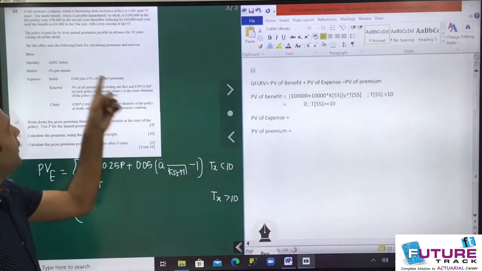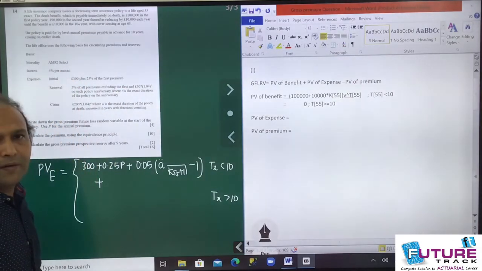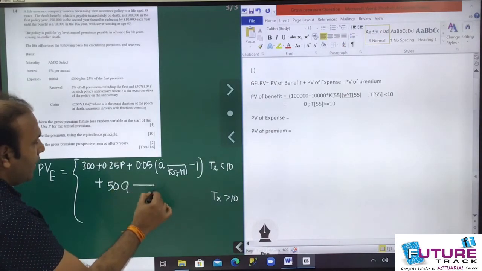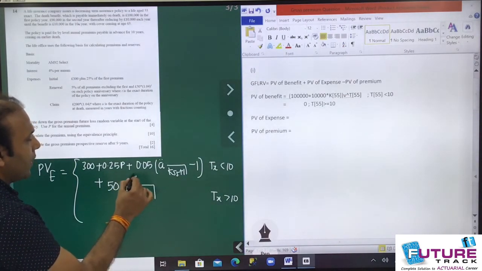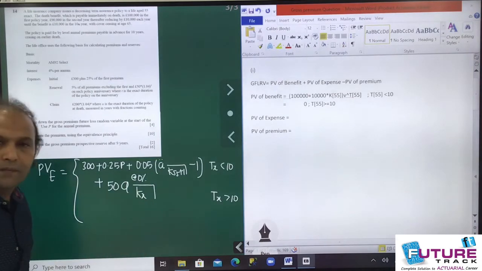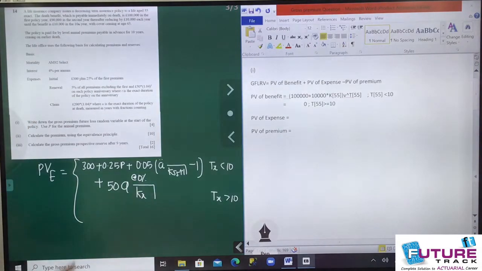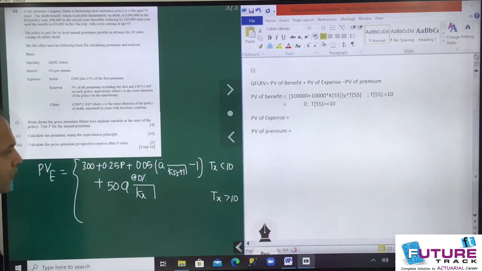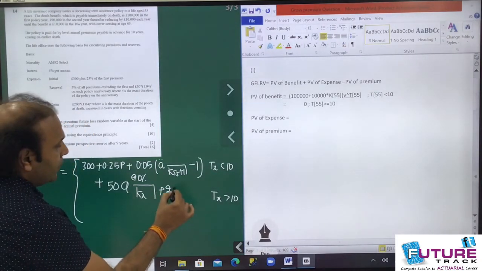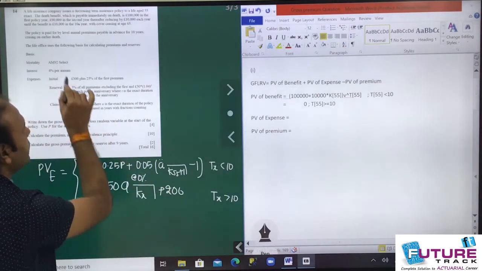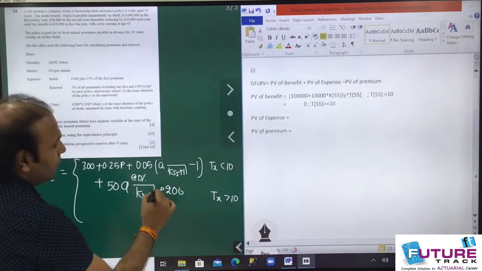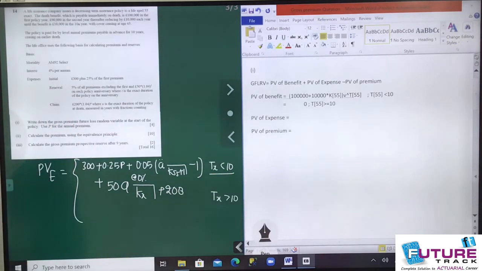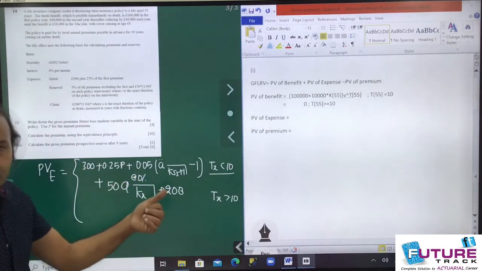See, 4% is increasing and 4% we have interest rate, that will be cancelled out. So it is 50 a_Kx. This is at the rate 0%, right? Then 200 rupees is there. So 200, again rate of interest will be cancelled, 1.04 to 1.04. So it is 200 if life die within the 10 years. This is for T_x less than 10.